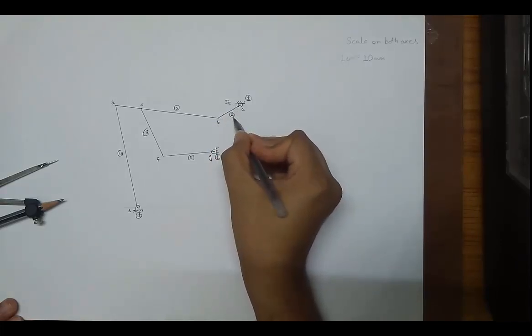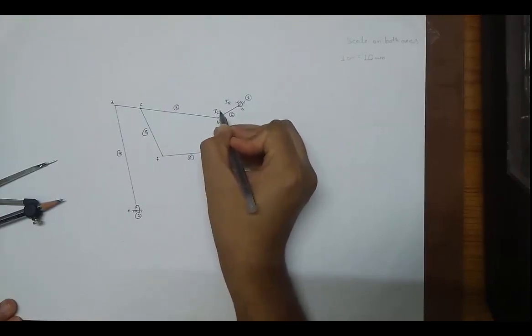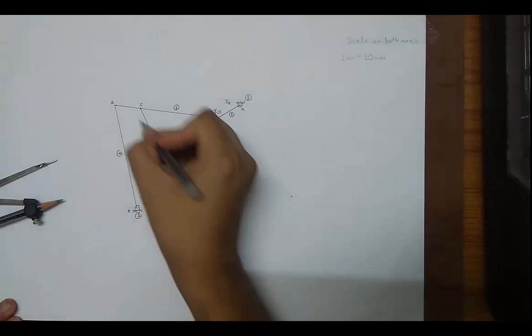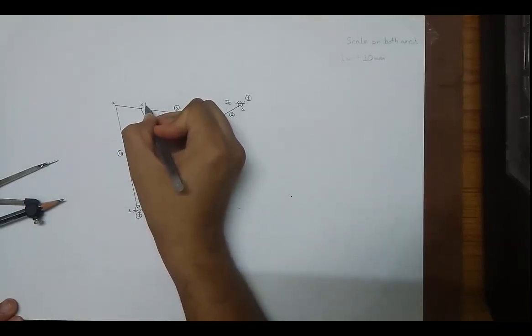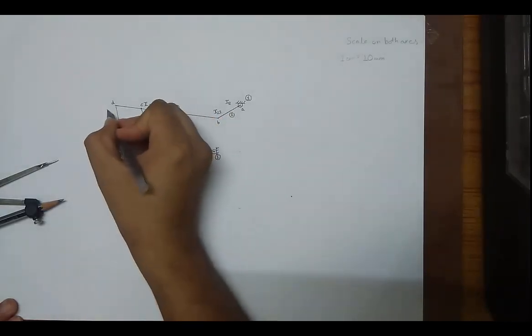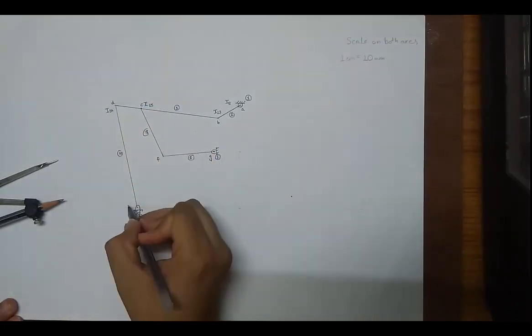Here what are coming together? Link 2 and link 3. So this is I2,3. Here link 3 and link 5. So this is I3,5. Here link 3 and link 4, I3,4. Here link 1, which is ground, and link 4.